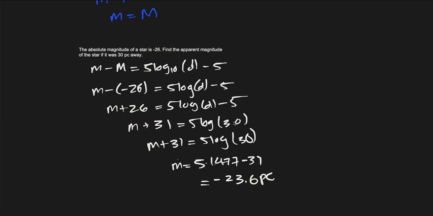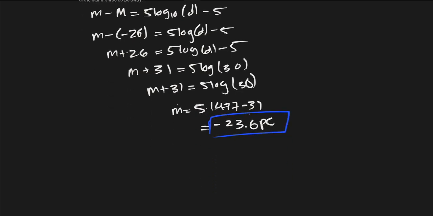And it should make intuitive sense, because the absolute magnitude is the magnitude at 10 parsecs away, and it's negative 26, and now it's negative 23, so it should be greater if it was farther away. So that's the correct answer.